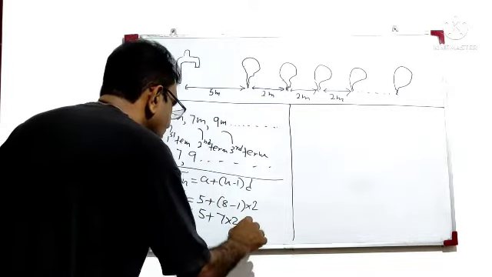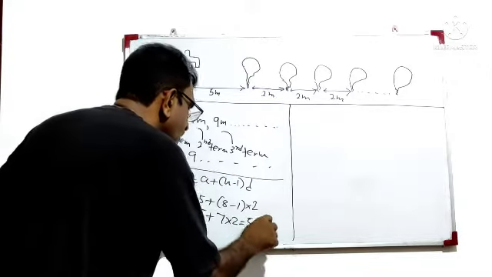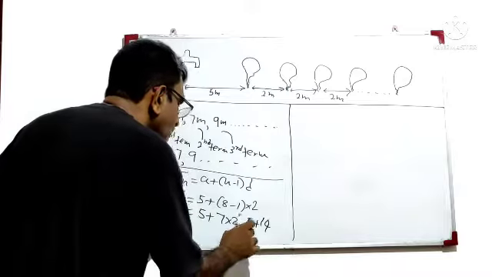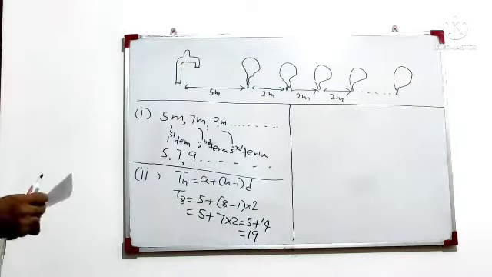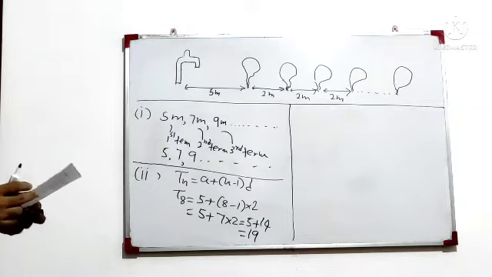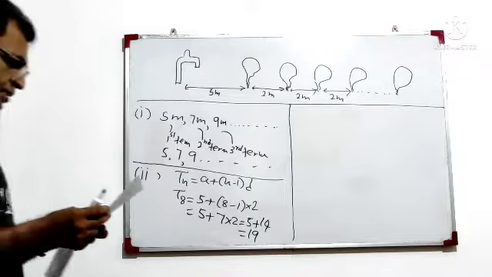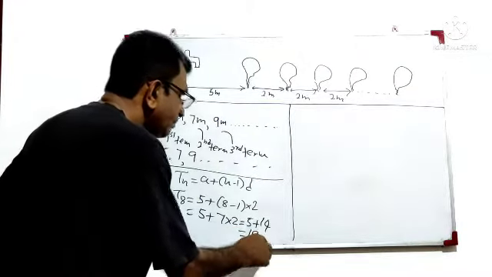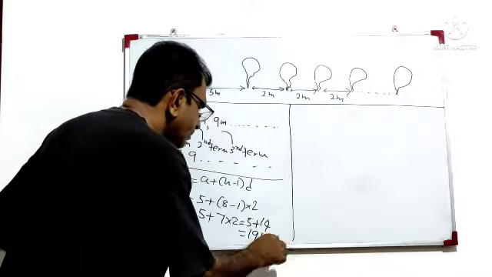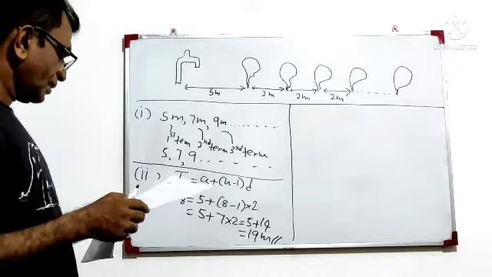Then what is the answer? 5 plus 7 times 2, what is this? 14. Then 5 plus 14, what is this? 19. So actually, how far is the 8th flowering bush from the tap? 19 meters. That is the answer. Right.